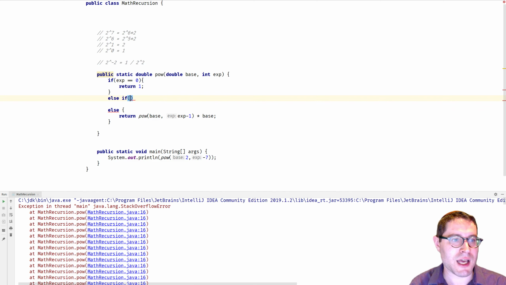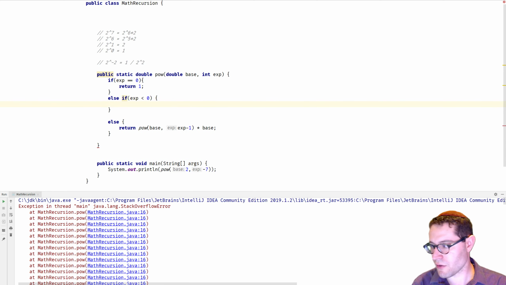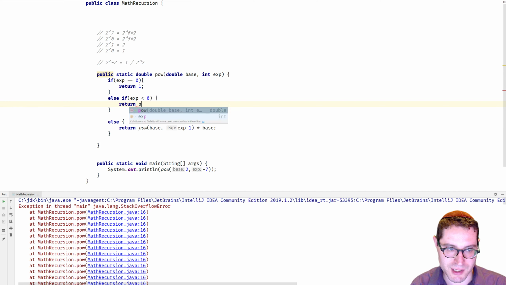Else, if exponent is less than 0, what I'm going to do here is fairly straightforward. I'm going to go ahead and just make that exponent positive. We know exponent is negative if it's less than 0. So what I'll do is simply return our function of base, exponent times -1.